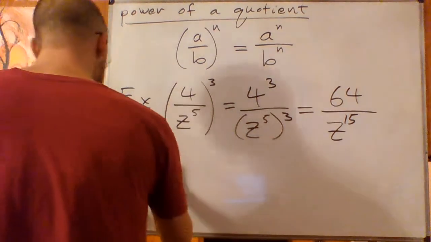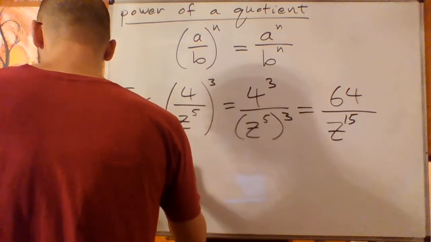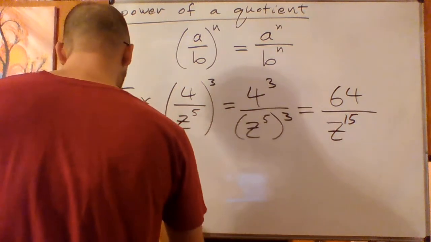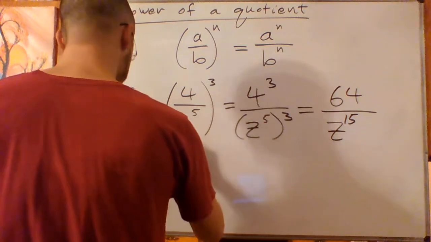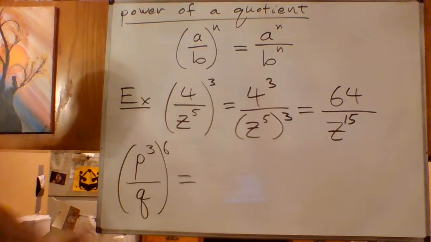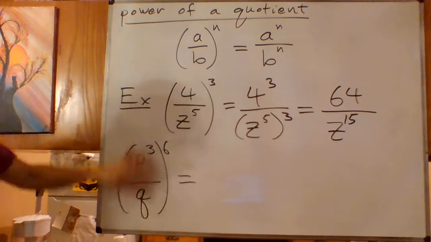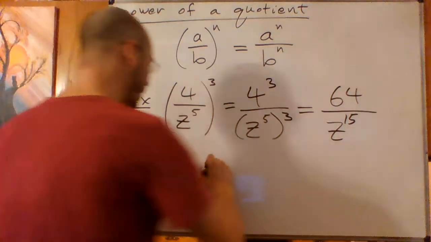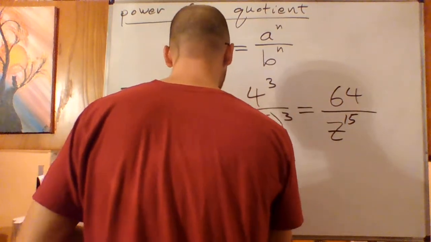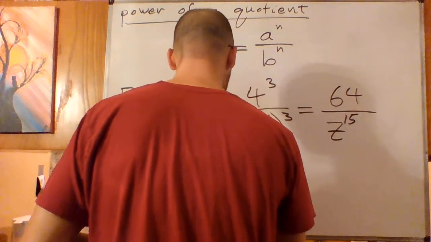I have a variable one too. P to the 3rd over Q all raised to the 6th power. So a power of a quotient, and I do that with the power of a quotient rule. P to the 3rd to the 6th over Q to the 6th.